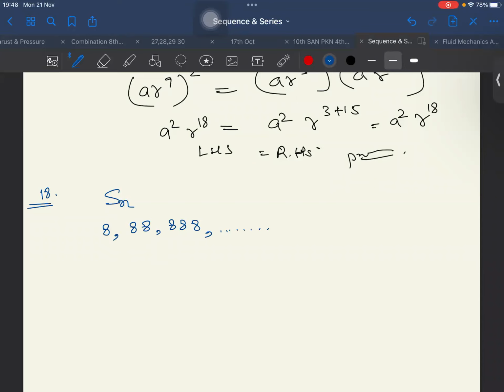Yeah, whether it is in AP or GP. GP. Who is saying this?